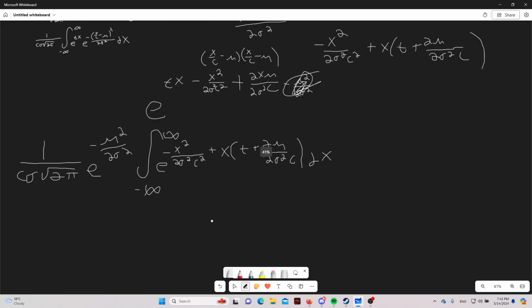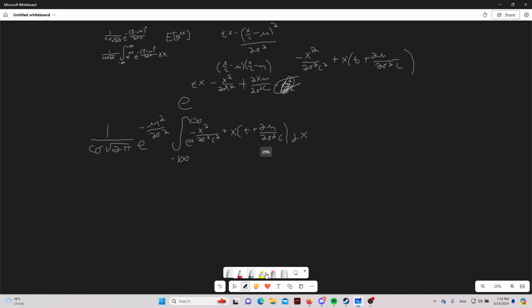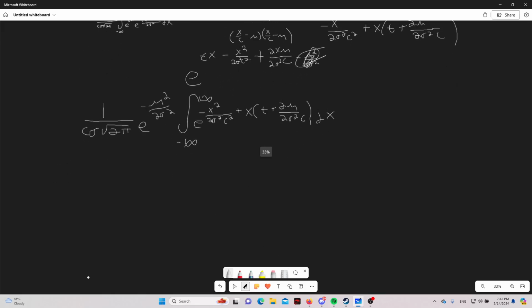Alright, so now you might be kind of scared of this integral. It's like, oh great, I have an e to the x squared term, but there's actually a convenient form we can use to integrate this. Since we're integrating from negative infinity to positive infinity, we can use a Gaussian integral.